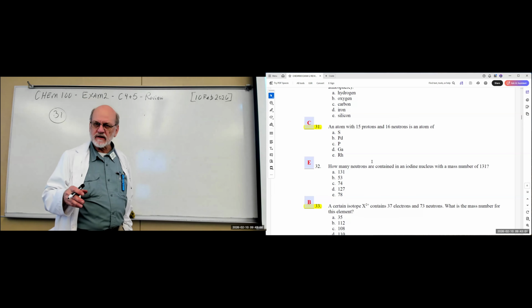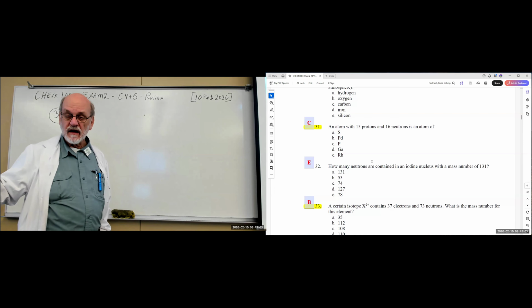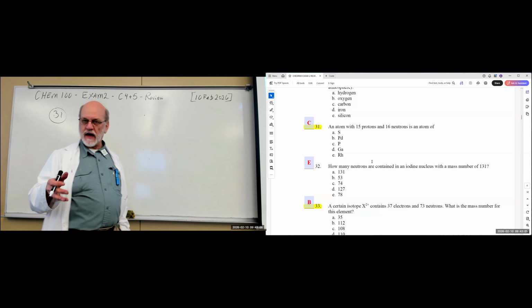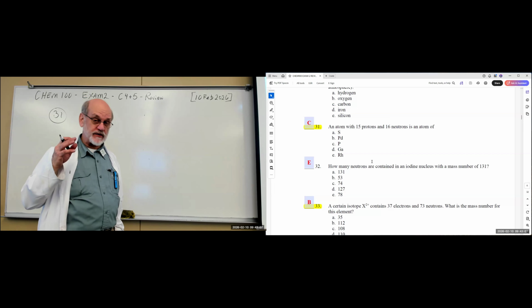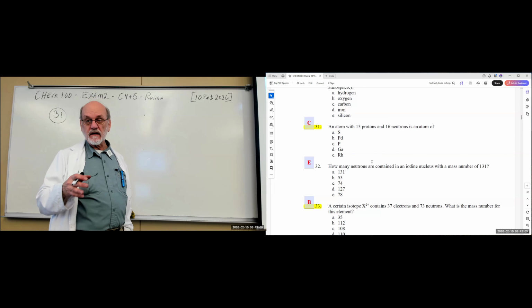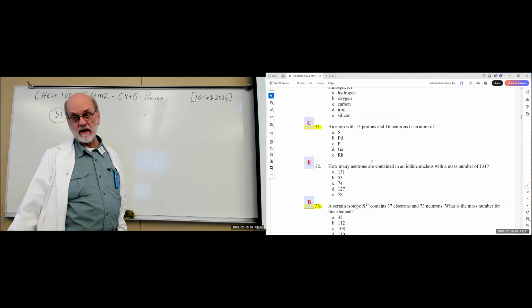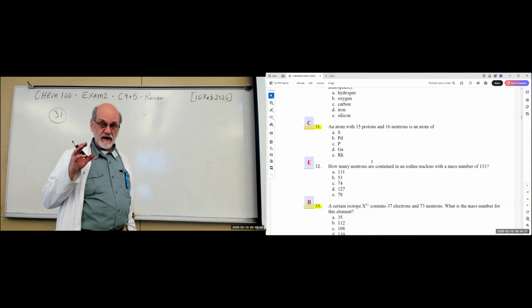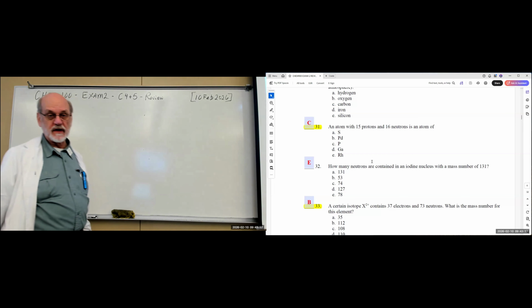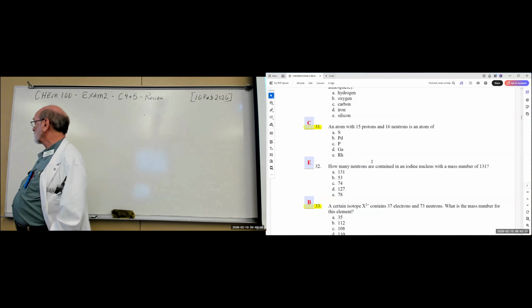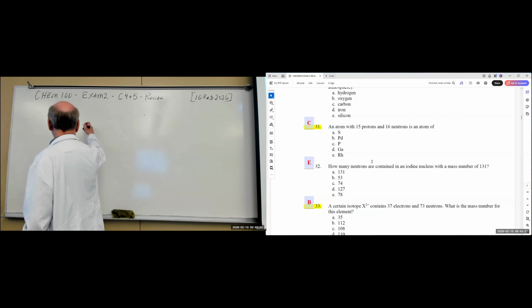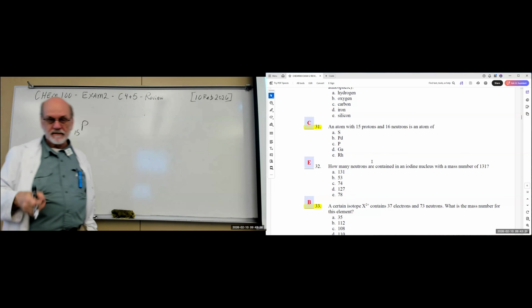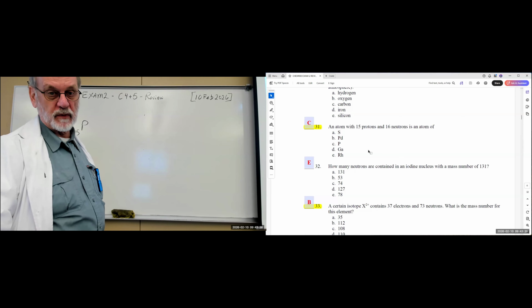They give you information that you don't need, or they word it so that if you haven't studied the material, the question confuses you about what the question is. In this case, all we need to know to answer the question is protons. 15 protons, that's phosphorus. There's your answer. Very simple.